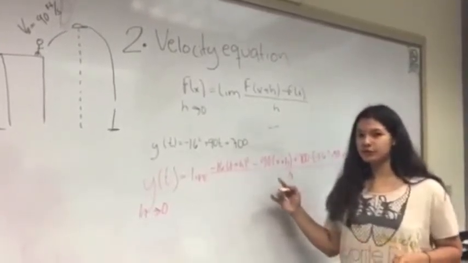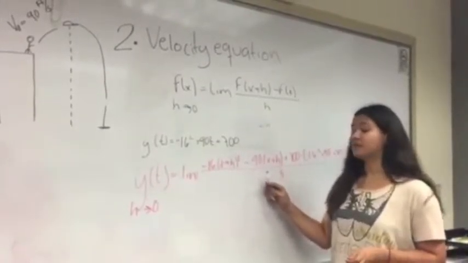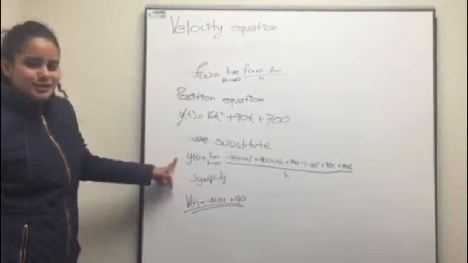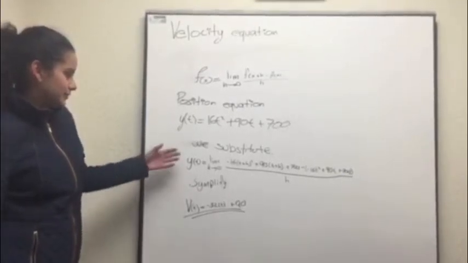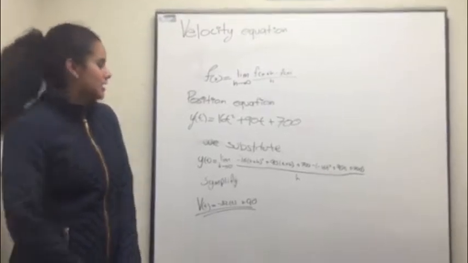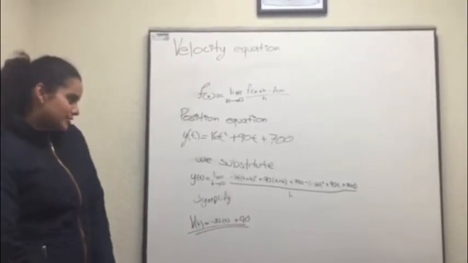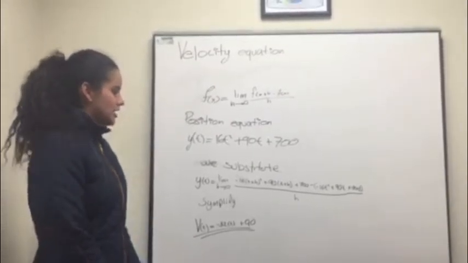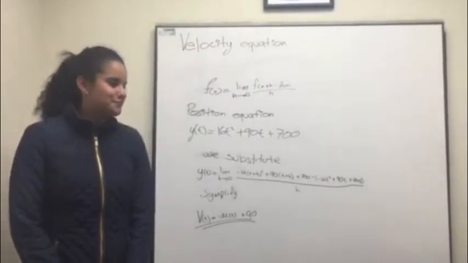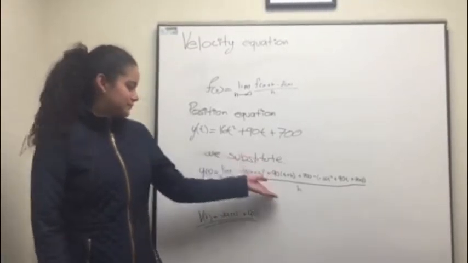So v(t) equals the limit as h approaches 0 of negative 16 times (t plus h) squared plus 90 times (t plus h) plus 700, minus negative 16t squared plus 90t plus 700, all over h.